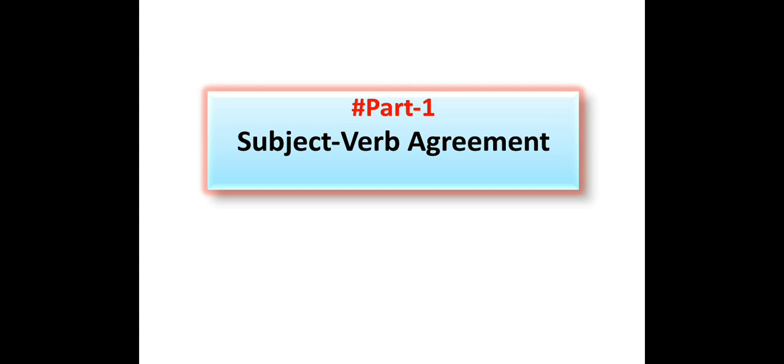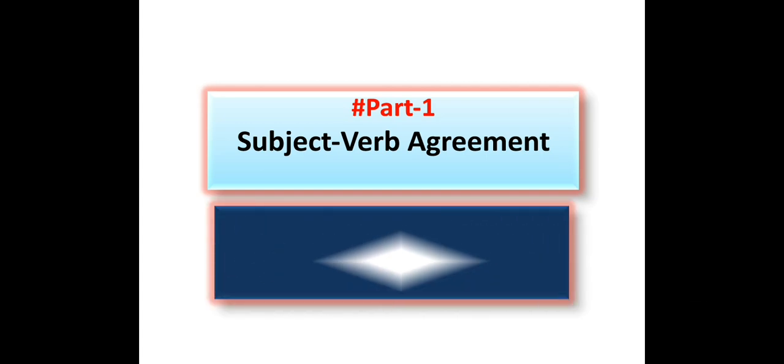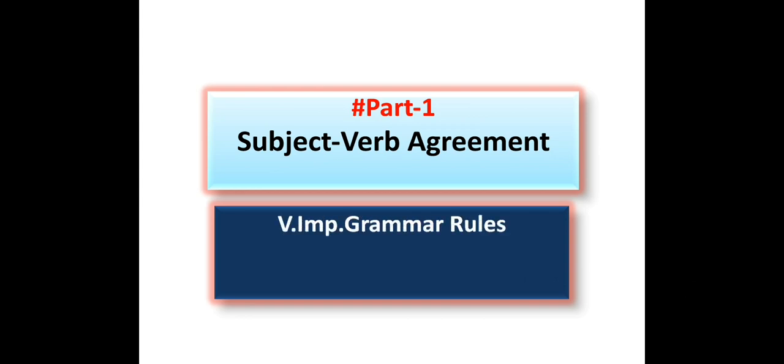I have divided this topic into two parts, so this is part 1. I'm going to explain very important grammar rules for all competitions. This tutorial is going to be very useful for you. I hope these rules help you.